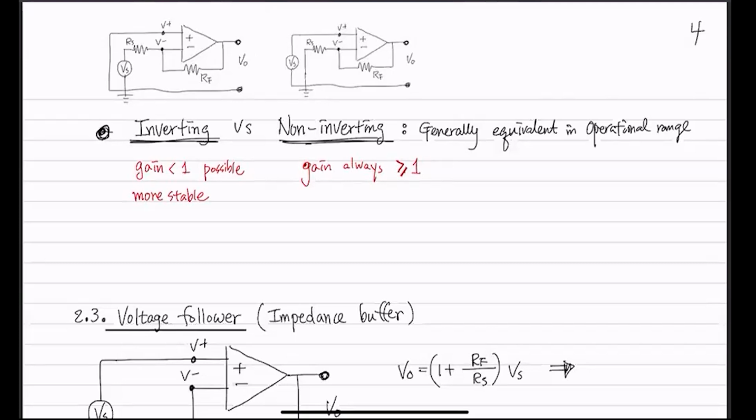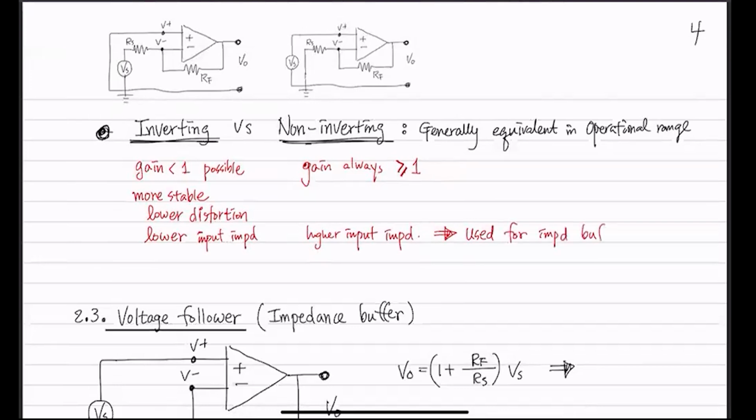In other words, it has lower distortion, or it has a lower input impedance. And on the other hand, for non-inverting, it has a higher input impedance. So this is going to be used for impedance buffer or a voltage follower.